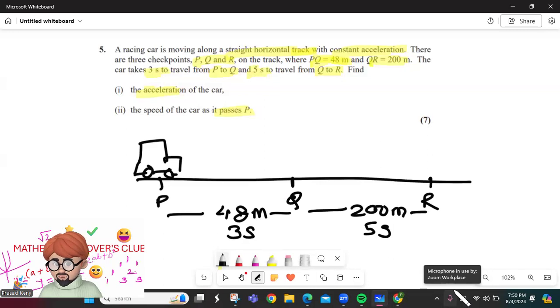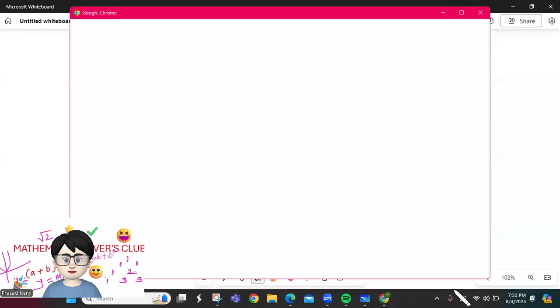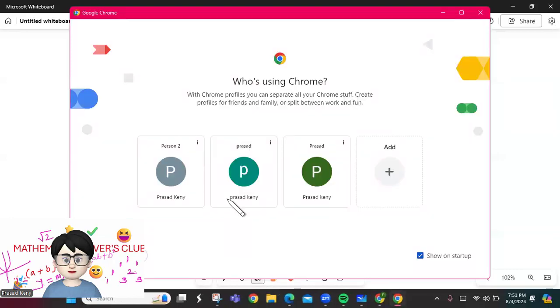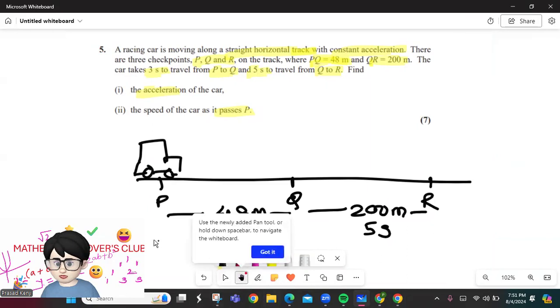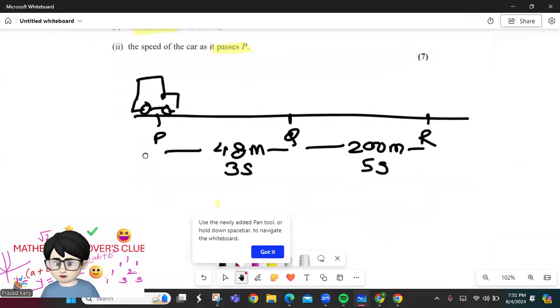So Vicky, first let me ask you how much you have tried and what are the steps you have taken. So here I have first considered the journey from P to Q. The displacement 48 meter is given and the time required is 3 seconds given.